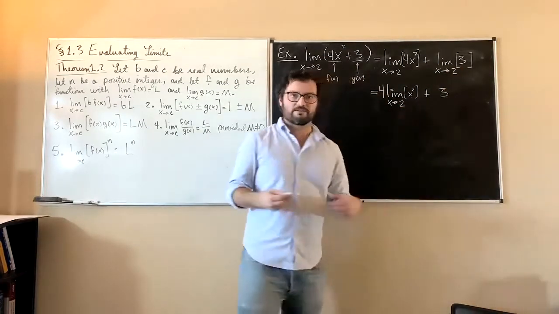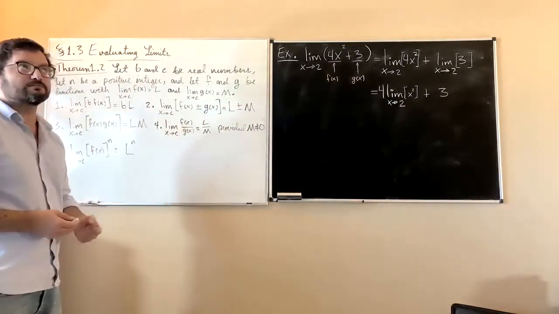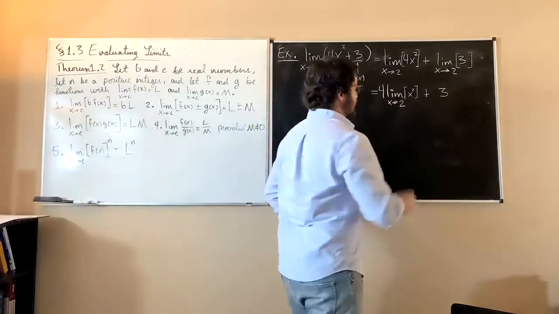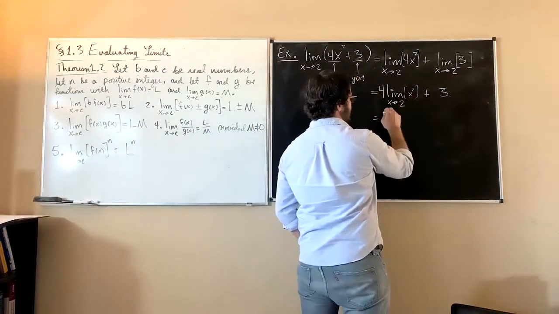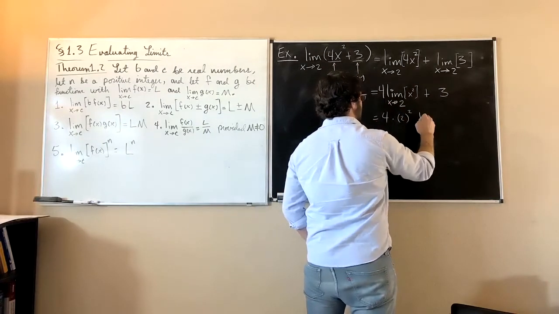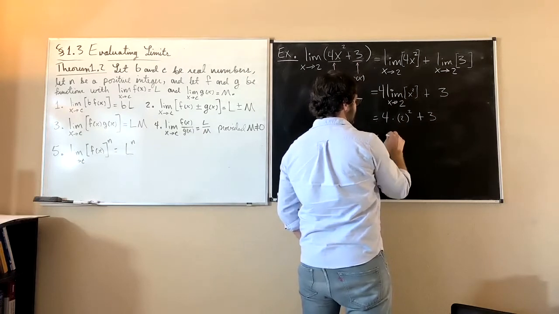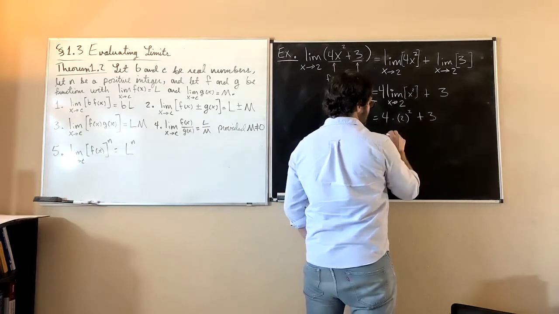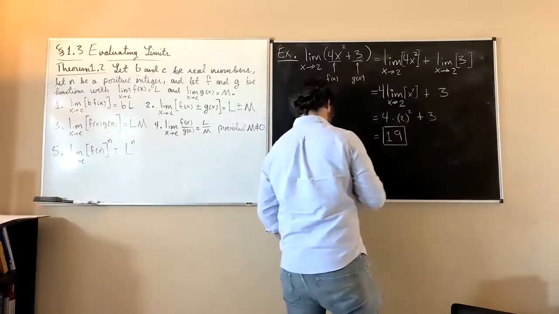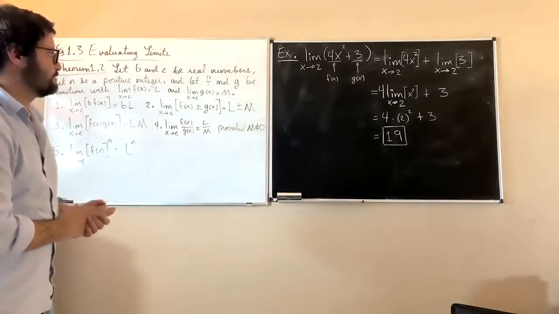The limit of x to the power 2, by the previous theorem, Theorem 1.1 part 3, is just like plugging in 2 for x. So 4 times 4 is 16, so it's just 19.